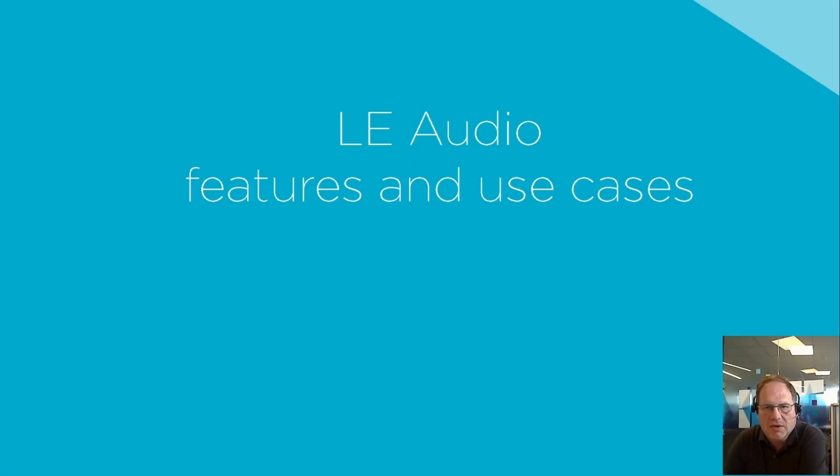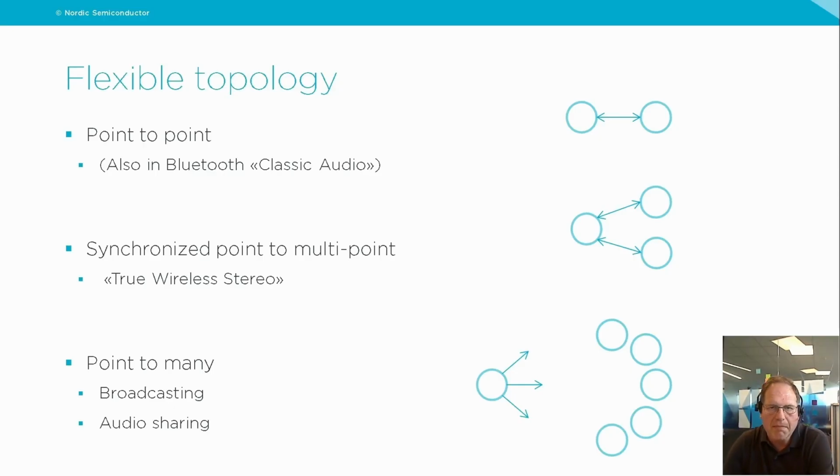So, let us have a look at the main features and use cases of LE audio. A major feature is the flexible topology. LE audio can do point-to-point, it can do point-to-multipoint, and it can do point-to-many.